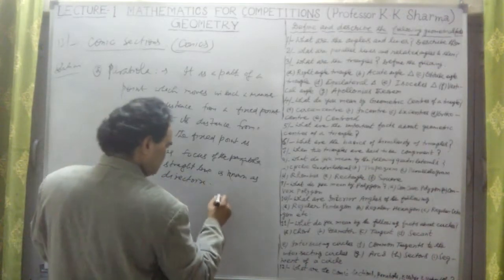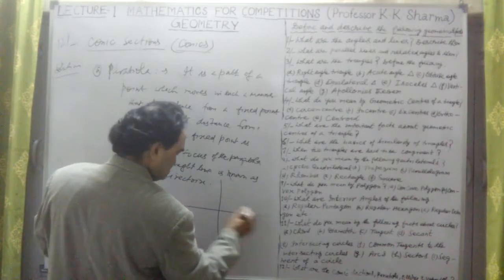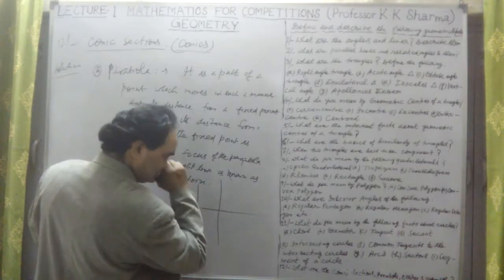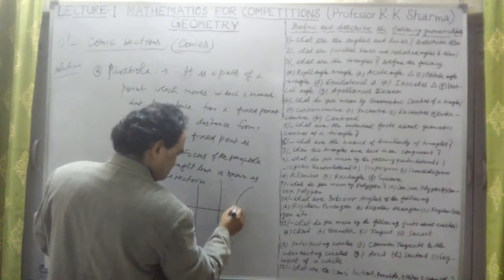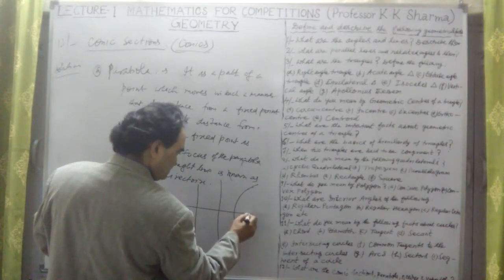Okay, so if I just take this, this is a straight line here, and this is a parabola, and here is a fixed point.